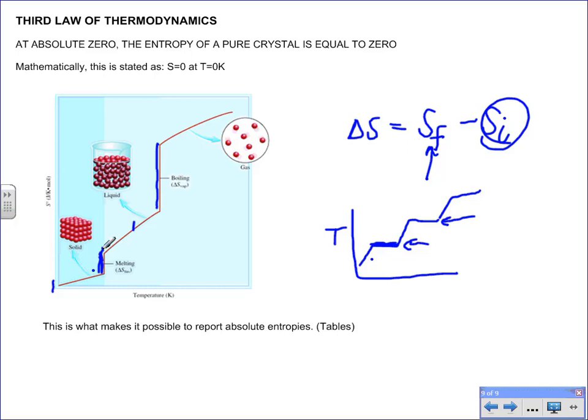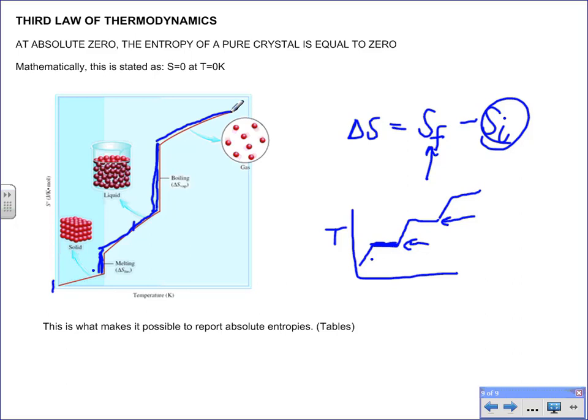So the entropy is going to increase significantly. Then it increases gradually. And then during boiling, the next phase change, you're going to have a sizable increase, and then it increases gradually again. What this shows, though, is that increasing the temperature increases the entropy. There's a positive relationship between those two things.